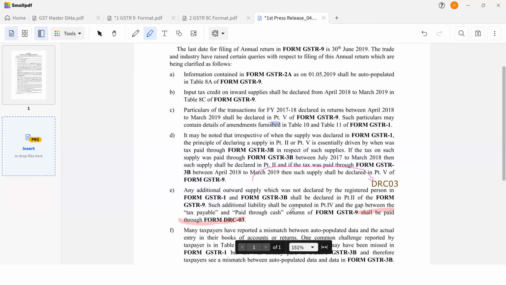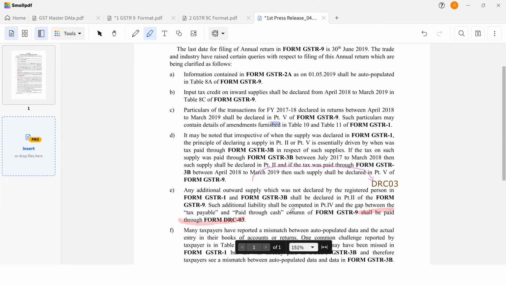Payment could be through 3B or through DRC03. But what comes is something which was not disclosed earlier. R1 was nil, 3B was nil, books have that 1.1. Now I am disclosing it; you disclose through DRC03 and report it in table 4.